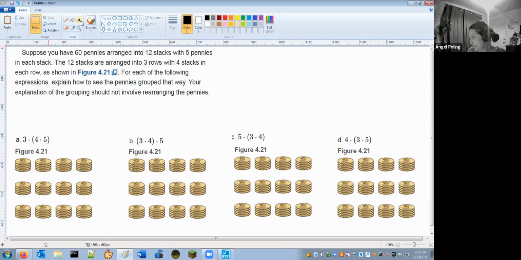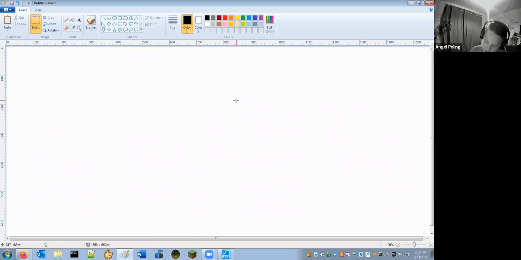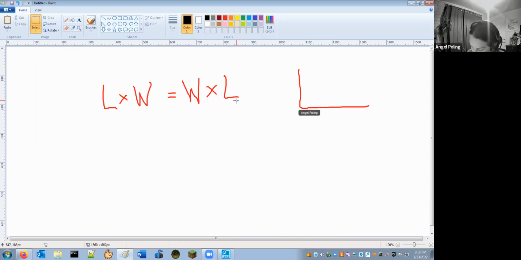Usually a place we see it a lot of the time is with area, where we'll talk about length times width being the same as width times length, right? So it doesn't matter generally to us if we're taking length times a width or a width times a length, right? We look in terms of arrays to help us explain, right?